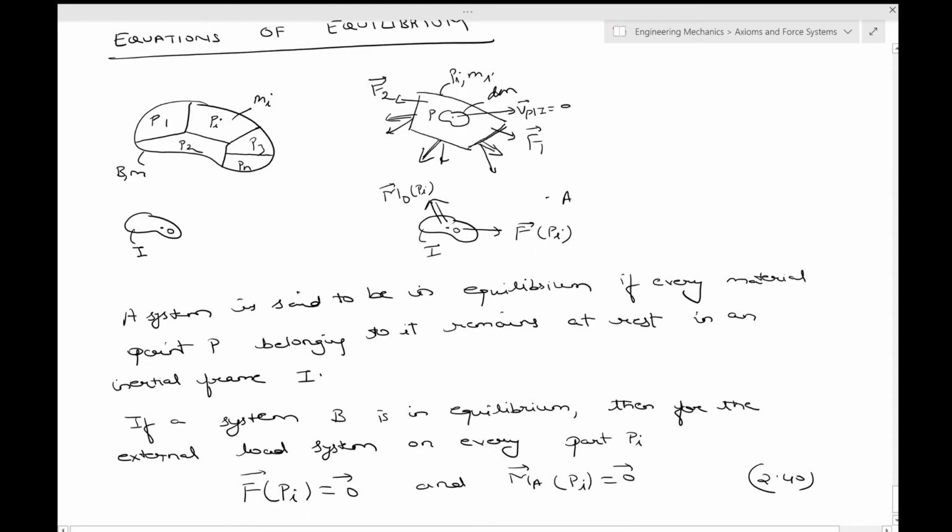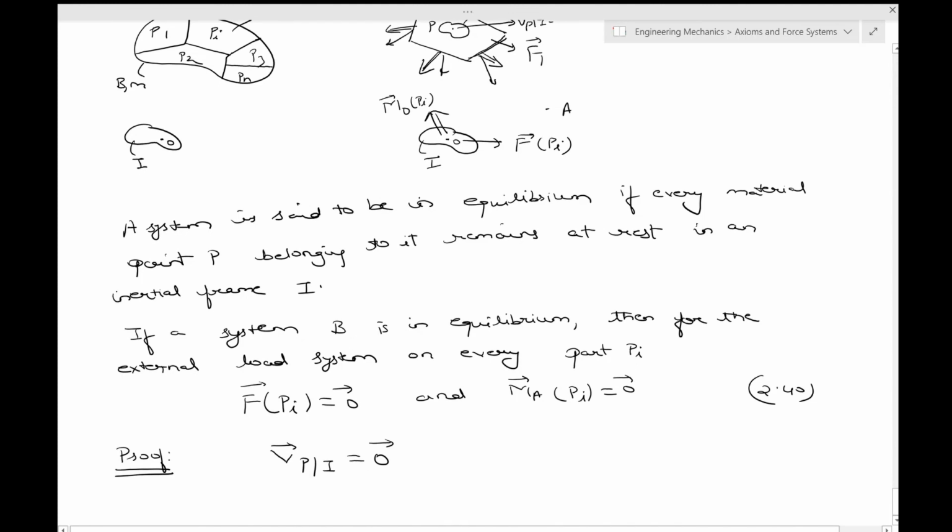So we have written that the velocity of P in the I frame is 0. So for a point O in this I frame, velocity of PO will also be 0, so the velocity of PO in the I frame will also be equal to 0 for all time t.